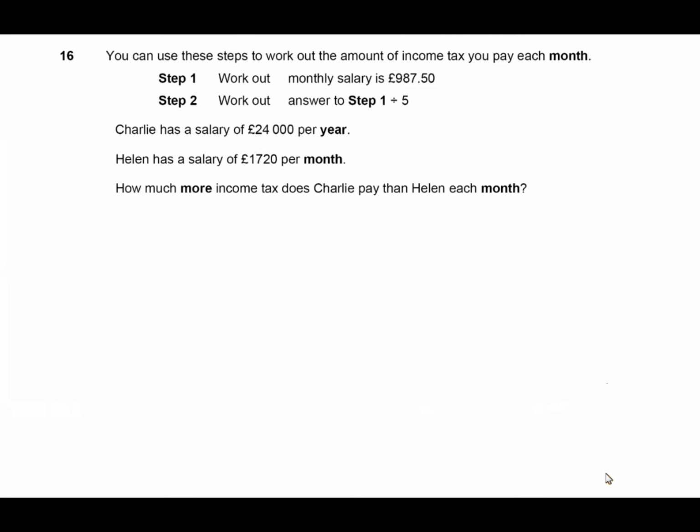Question 16. You can use these steps to work out the amount of income tax you pay each month. So you work out the monthly salary and then you take away £987.50. And then step 2, take the answer from step 1 and divide it by 5. So Charlie gets £24,000 a year. So we divide that by 12 and it's £2,000 a month. So step 1 is take 987.50 off.